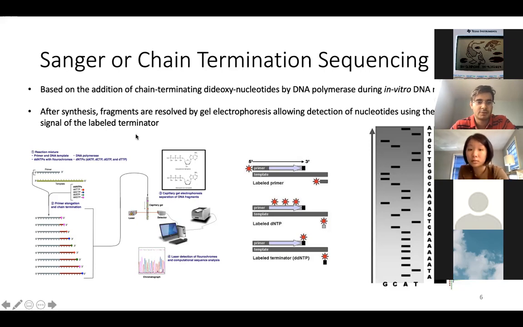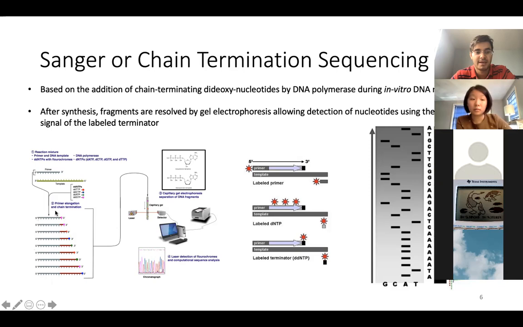Perfect, yes. So what happens is that you have the generation of fragments that have a distribution of sizes, and these sizes are due to the fact that some of them received the nucleotides with the hydroxyl, and therefore they could grow. And some of them received the dideoxynucleotide, and therefore they could not grow, and the sequencing is terminated. So if this one received the dideoxy, it ends like this.